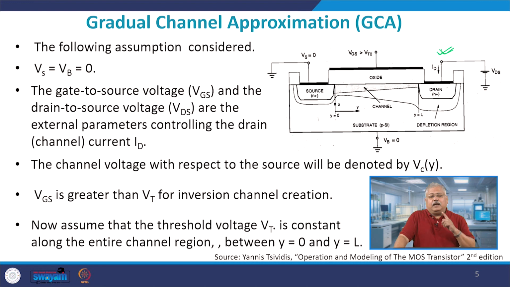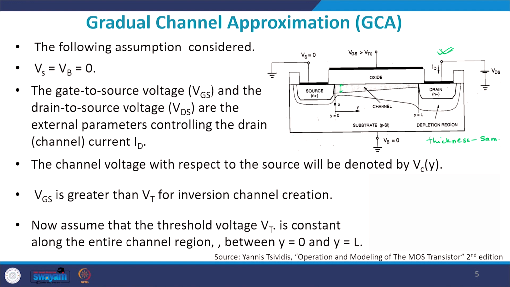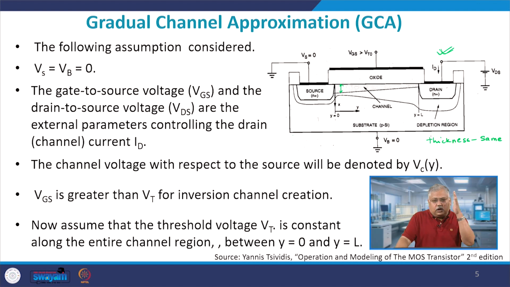Suppose you haven't applied any drain bias, the thickness of the channel will be the same throughout the length of the device, right? Why? Because the electric field is exactly the same both on the source side as well as on the drain side, and therefore the thickness of the electron layer which is being generated here, which is the inversion layer, will be uniform.